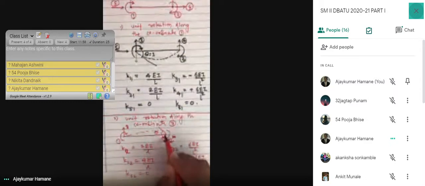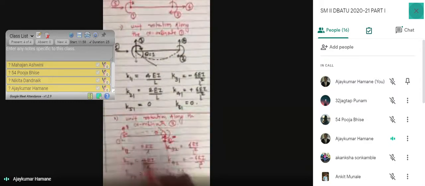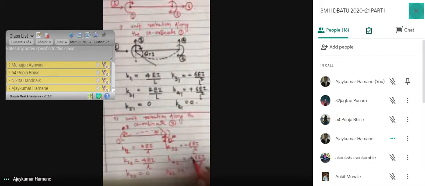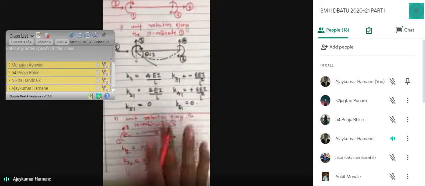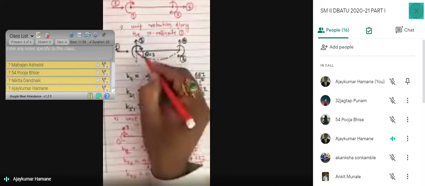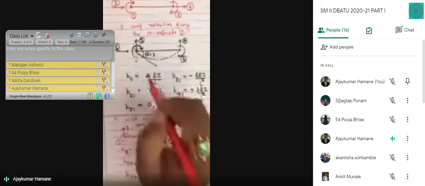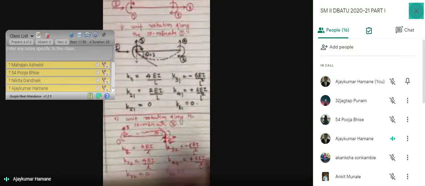This goes in the upward direction, this goes in the downward direction, so we have minus and plus. The slope is in the upward direction, the reaction is also upward. Here the slope is downward, so the reaction is also downward. Okay, remember this.